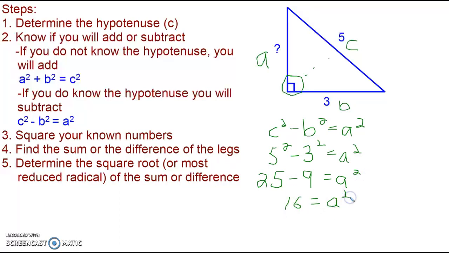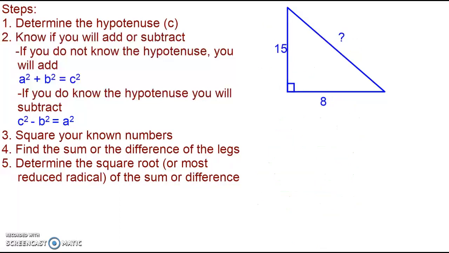But remember, we're not looking for A squared, we are looking for A. To do the opposite of square, that's going to be the square root. So the square root of 16 is 4. That one was lovely. So we have 4 is equal to A. That means that the length of this leg is 4 units.